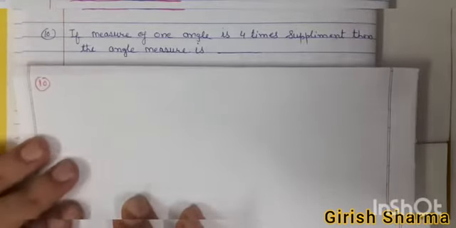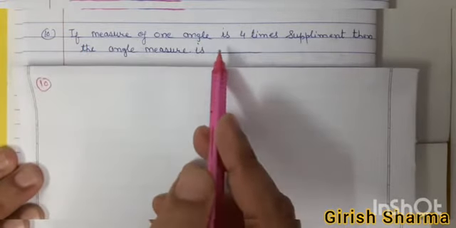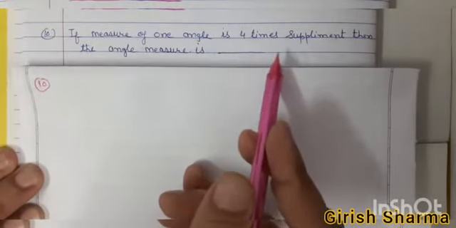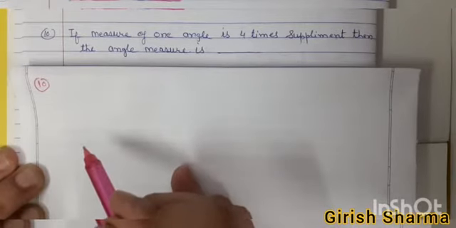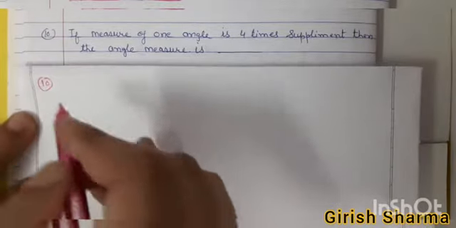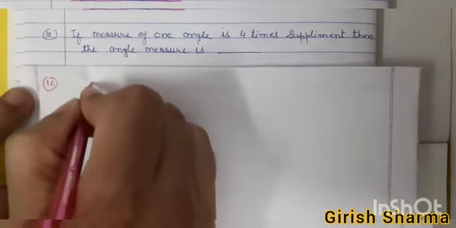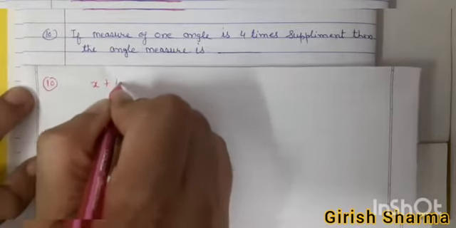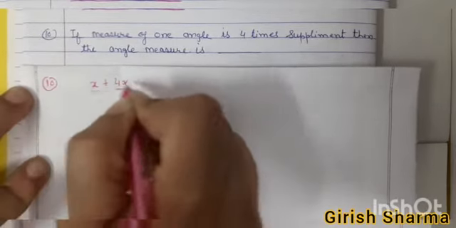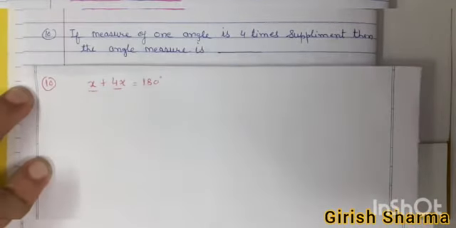Yes, come on, question number 10. If the measure of one angle is 4 times its supplement, then what will the angle measure be? Okay, let that angle be x, and the other, which is 4 times x. It means the sum of these two will be what? 180 degrees.